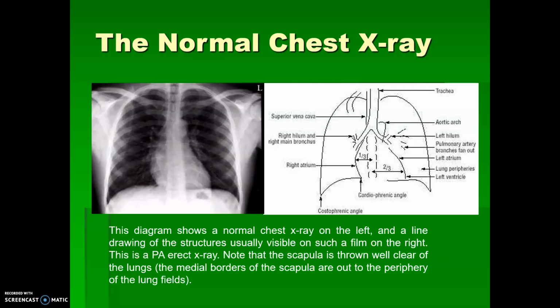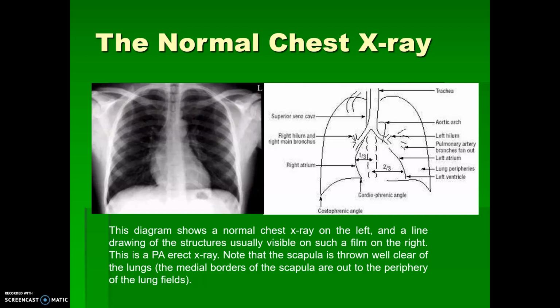This picture is a normal chest x-ray, and it's just to correlate the normal x-ray with the anatomy of the chest. So if you look at the cardiac silhouette, the left border of the heart is made up of the left ventricle lower down and then the left atrium higher up, whereas the right atrium makes up the right border of the heart. And the heart is situated such that about 1/3 of the diameter of the heart is to the right of the vertebral bodies, whereas 2/3 is to the left.